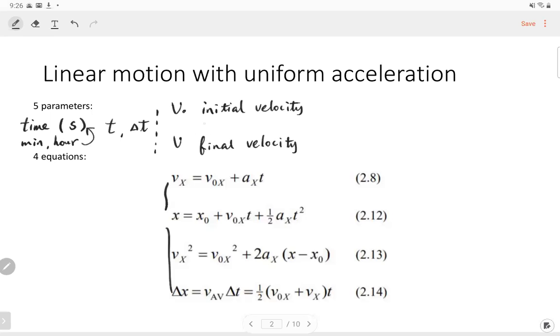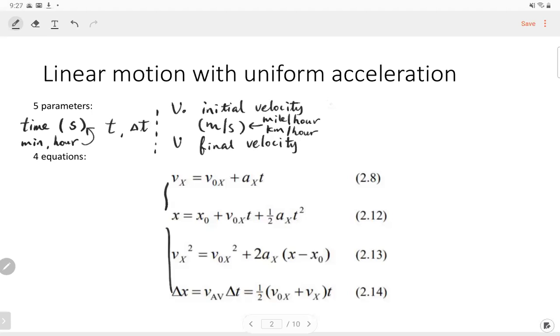And the unit for both is meter per second. If you see miles per hour or kilometer per hour, we need to convert into meter per second. This is velocity, and the velocity describes how fast the object is during the motion. And the velocity might be a constant or might not be a constant, depending on the acceleration.